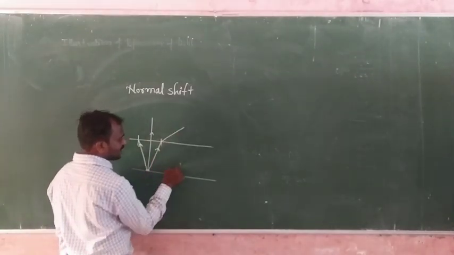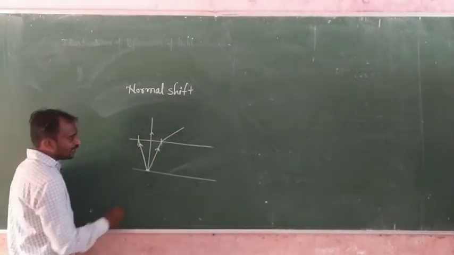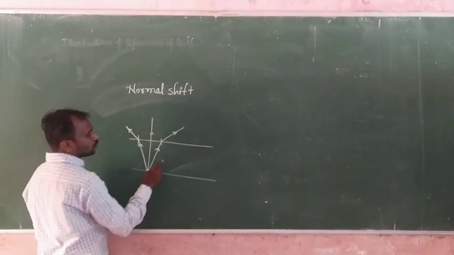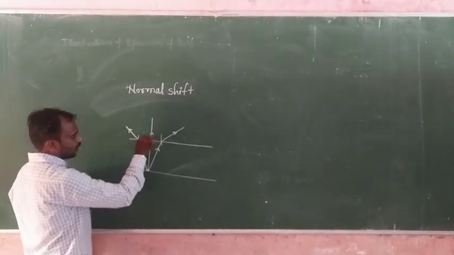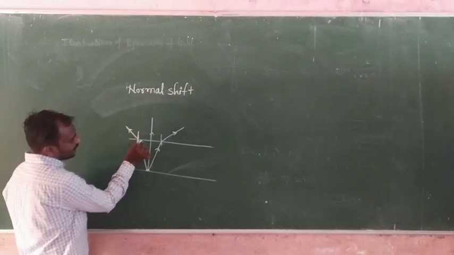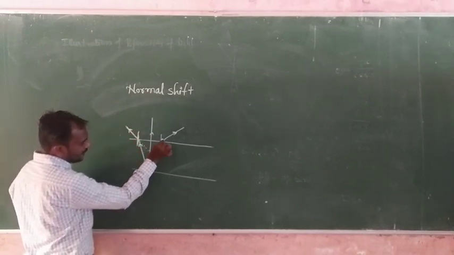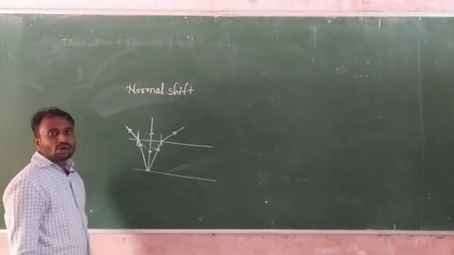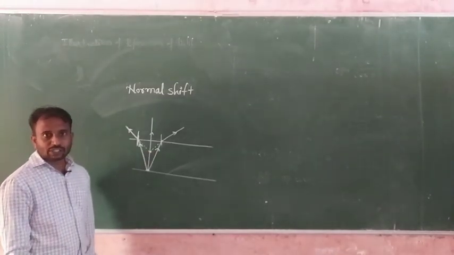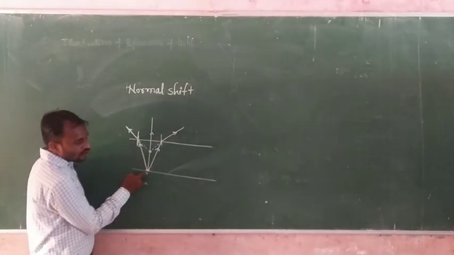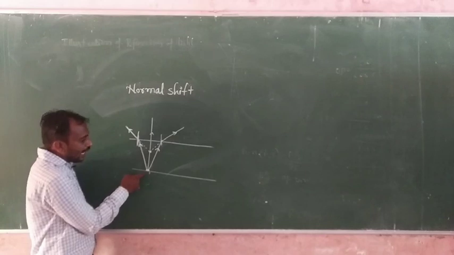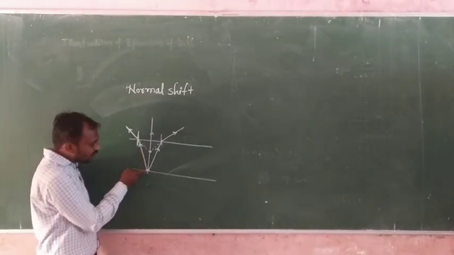This one is the denser media and this one is the rarer media, so these light rays move away from the normal. If you extend these light rays, here we get the position of the image of this object. This one is the actual position of the object, and here we get the image of this object.